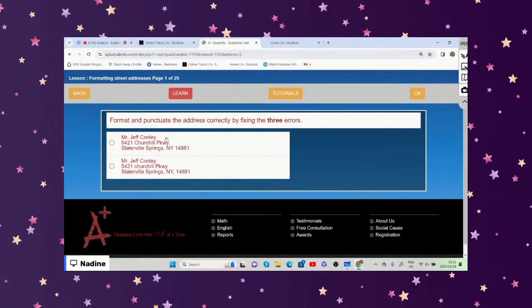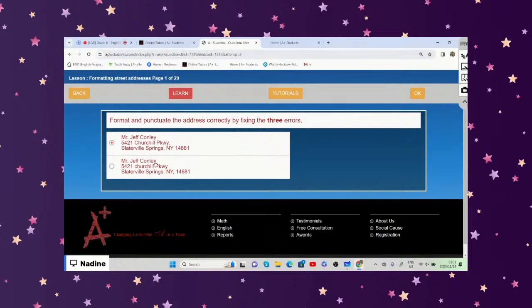So which means that if we are going to fix the punctuation or the format or the errors, then we're going to choose the first one, which means that it is addressed to Mr. Jeff Conley. Street address is 5421 Churchill, PKWY, and our period.